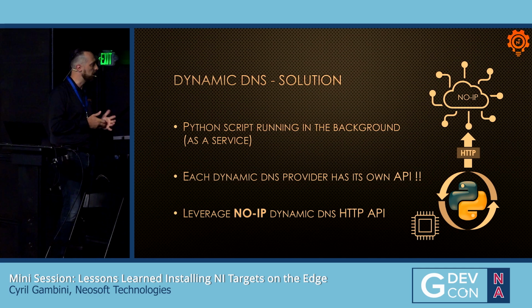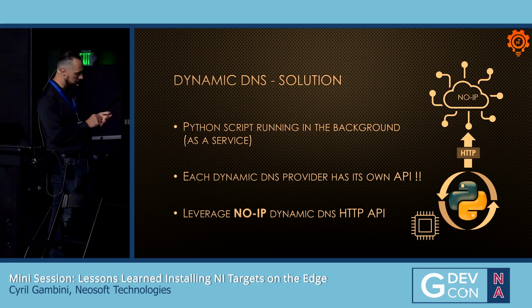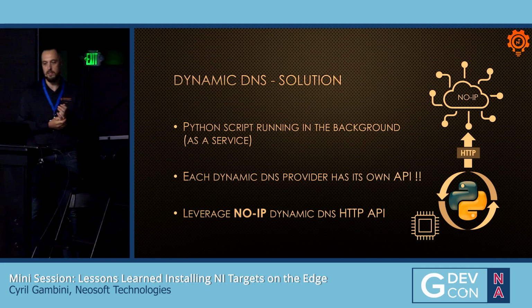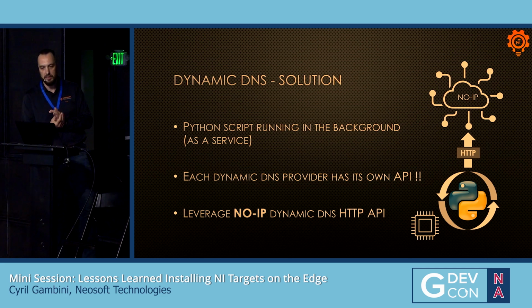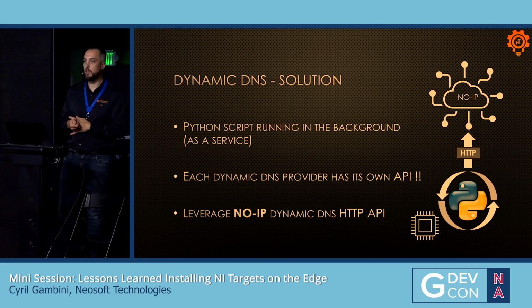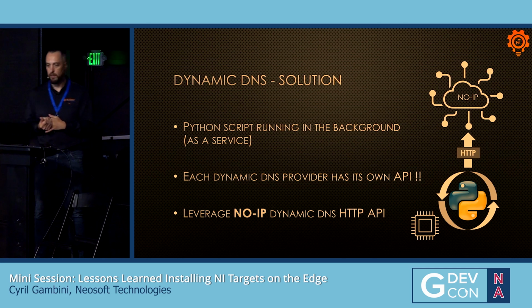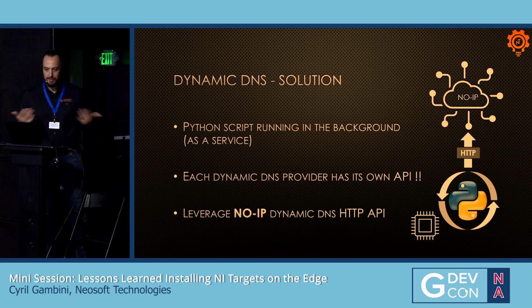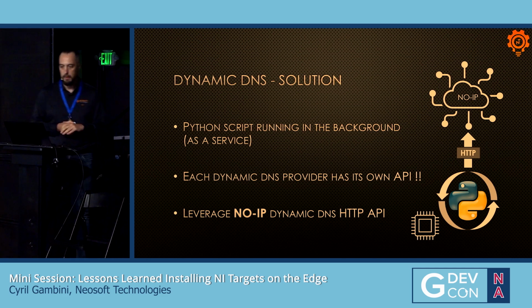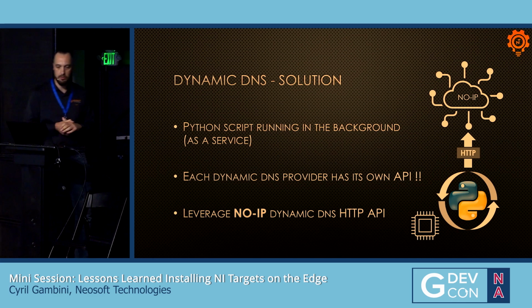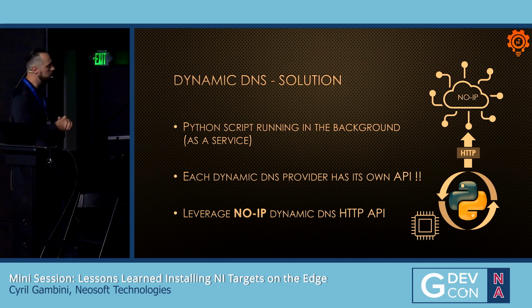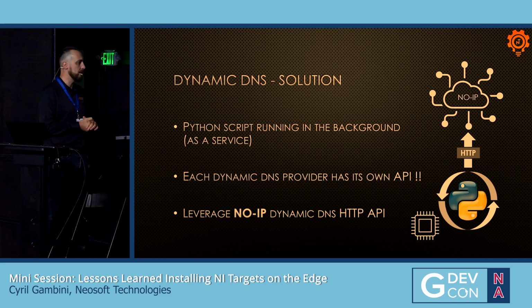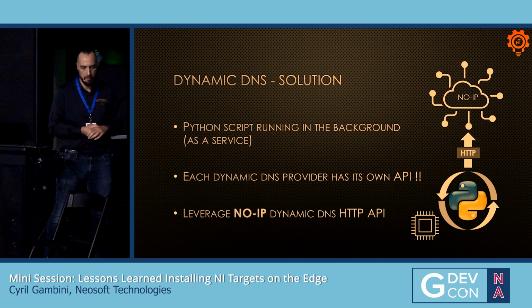We also found out that every dynamic DNS provider has its own way or own API to connect to it and to actually synchronize between your target and the service. We decided to go with NoIP, which is a dynamic provider, which has a HTTP API, or basic calls.